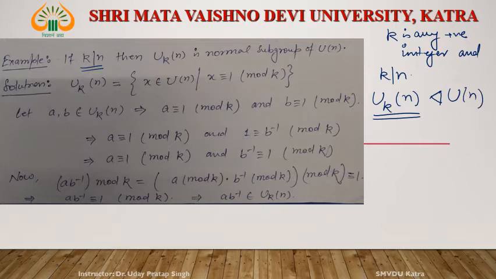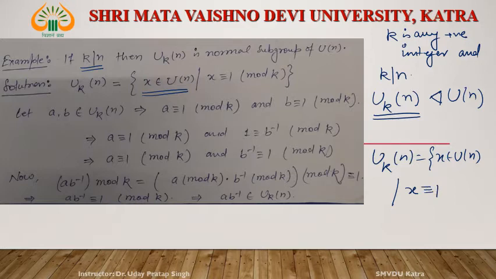What is UKN? Basically, UKN is all the numbers x from UN such that if we divide x by k, then our remainder is 1.